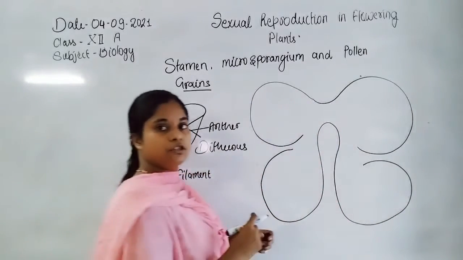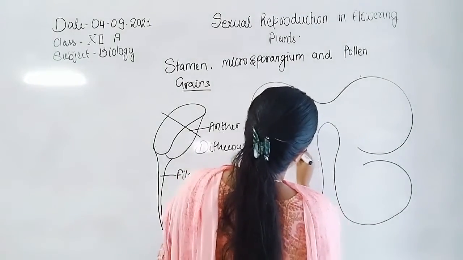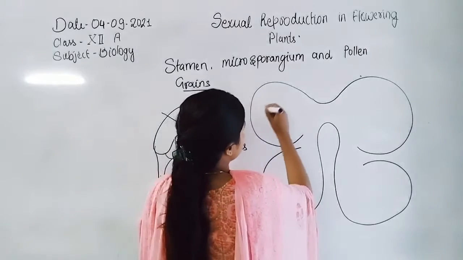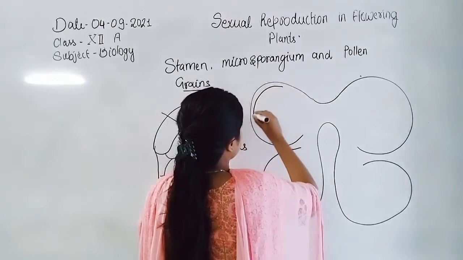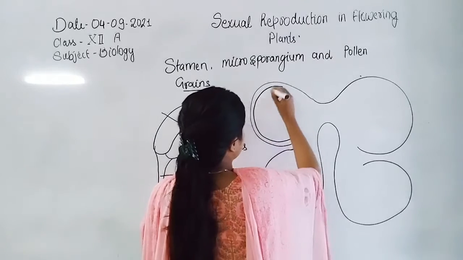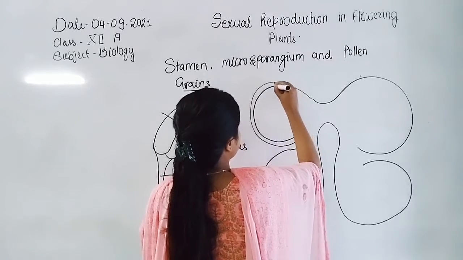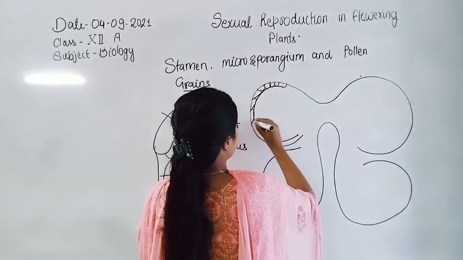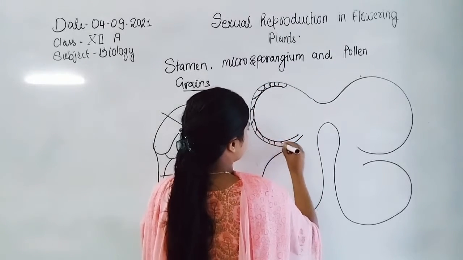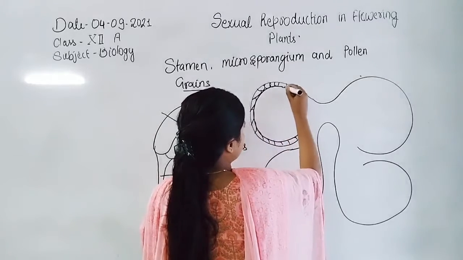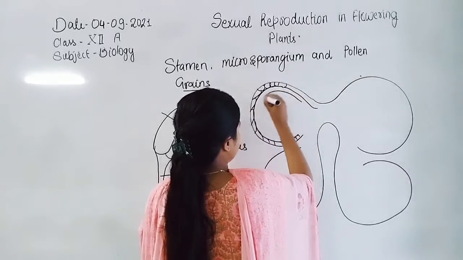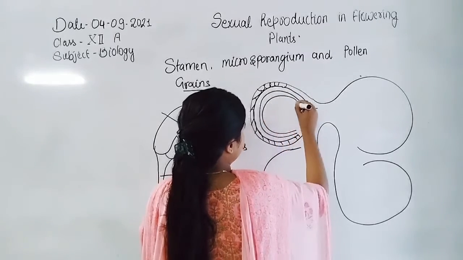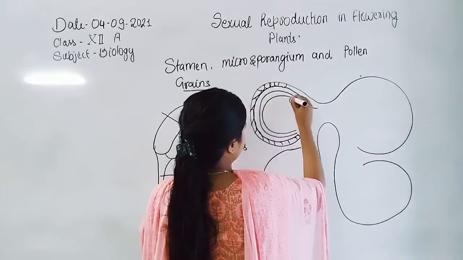Here is the structure of the anther, which constitutes 4 chambers and 4 walls: first, second, third, and the last one.